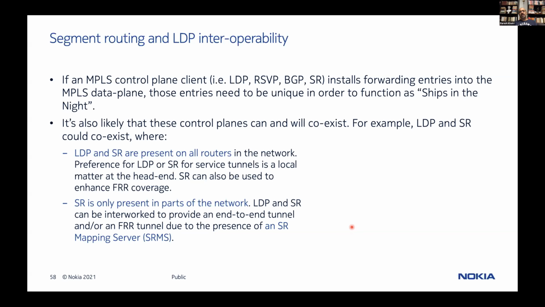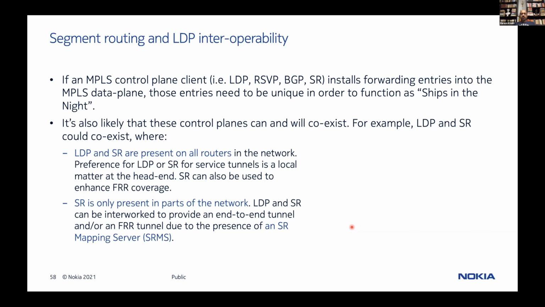And there are many ways of influencing that, such as your administrative distances or preferences, to dictate which one you select, given a choice between two tunnels to the same destination, one segment routed and one LDP. That can be done, and it can be gracefully done as well.